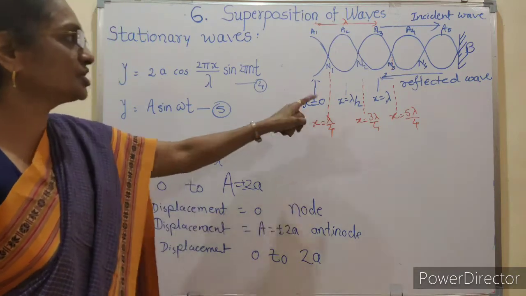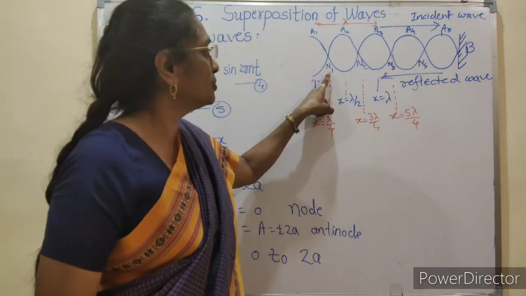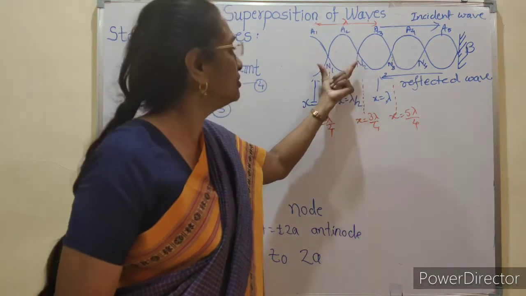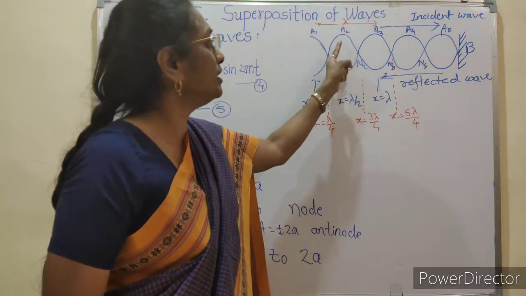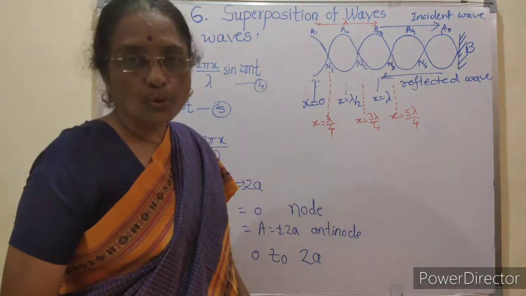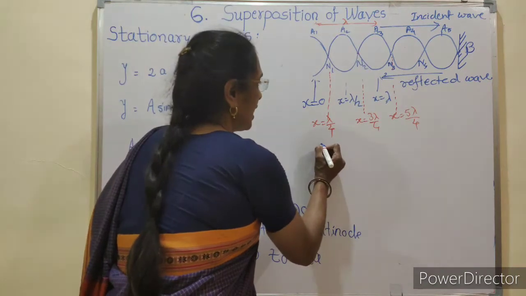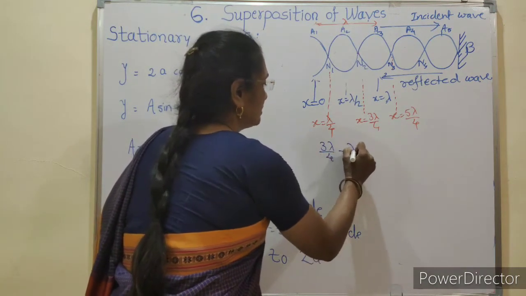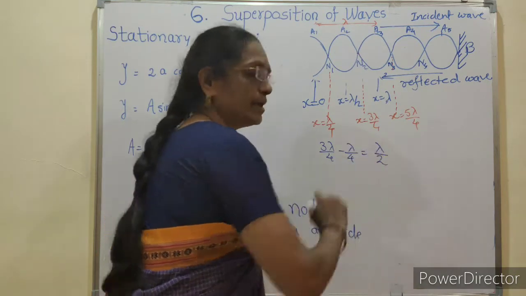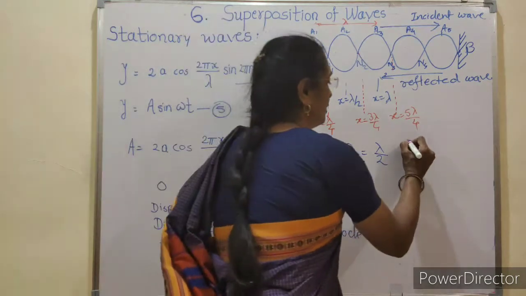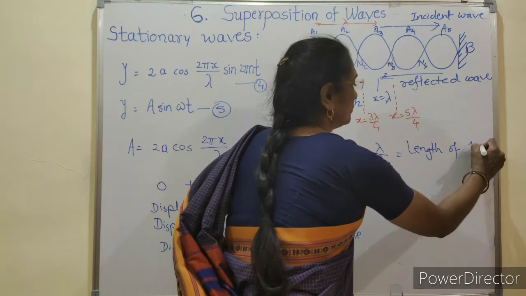So between two successive nodes, as we have shown in the last lecture, suppose N1 and N2 are two successive nodes. The portion in between is a loop. The length of the loop we can obtain as 3λ/4 minus λ/4, which is equal to λ/2. We have noted it is the length of one loop.